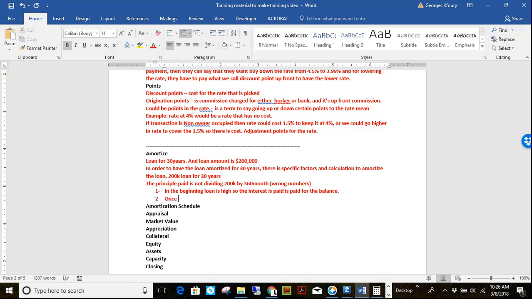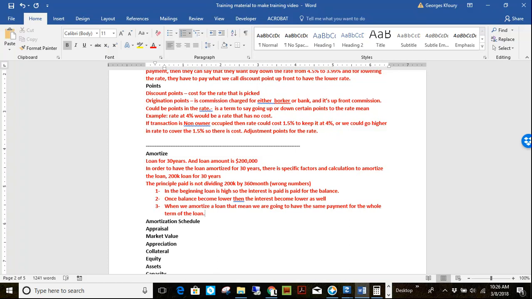Second, once the balance becomes lower, then the interest becomes lower as well. Third, when we amortize a loan, that means we are going to have the same payment for the whole term of the loan.